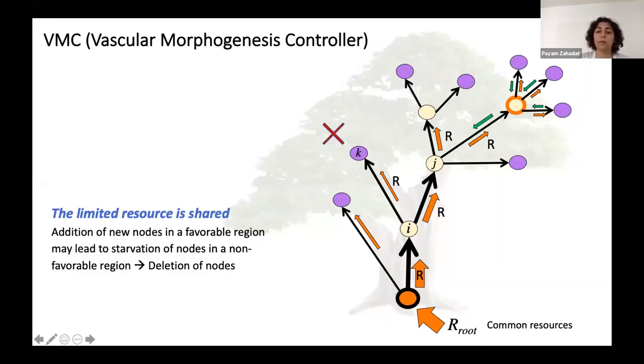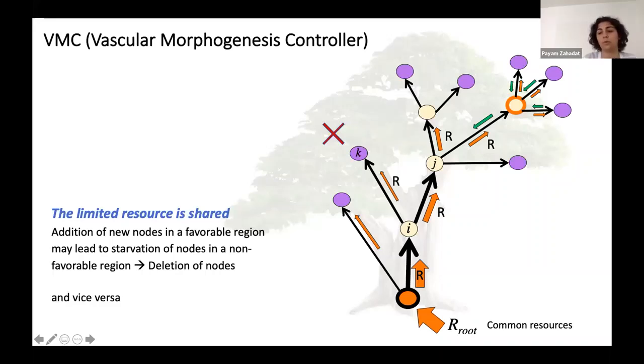If, on the other hand, some part of the structure gets too little resource, because the resource is limited, it can happen actually only because somebody else is in a very good position. So in that case, this part of the structure might start, and the nodes would be deleted. So the morphology would change.